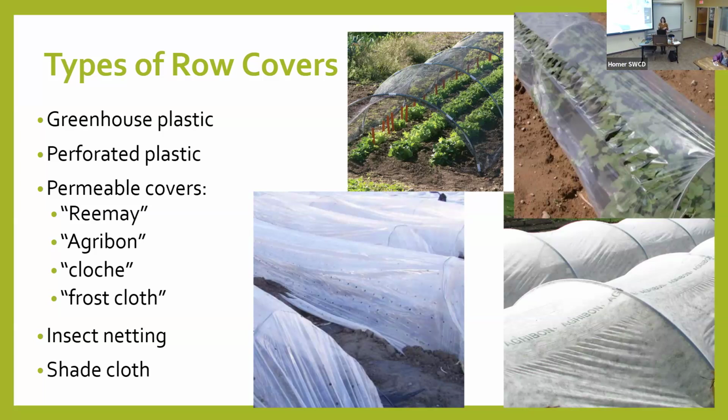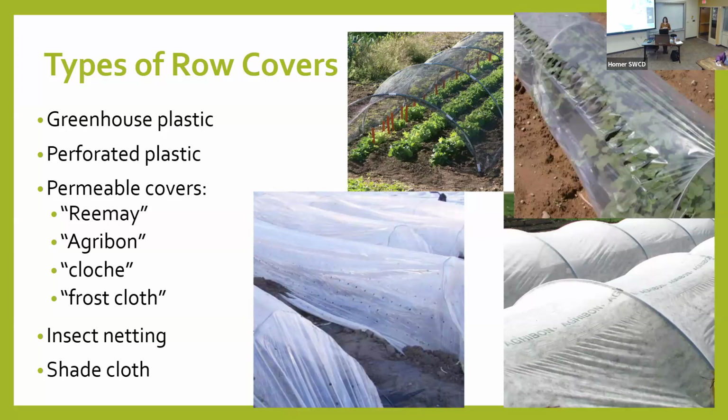And the purpose of that is so that you don't have to vent it. If you use just straight greenhouse plastic and it gets really hot, you might actually have to open those up a little bit to vent them, or they'll fry your plants. And then that lower left one has some holes in it again to vent, so you don't have to be adjusting it all the time.